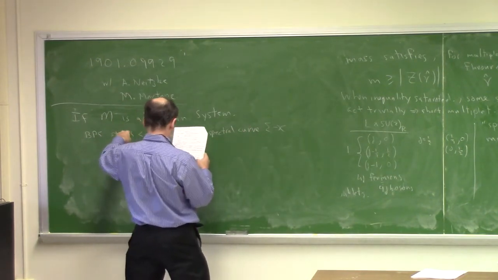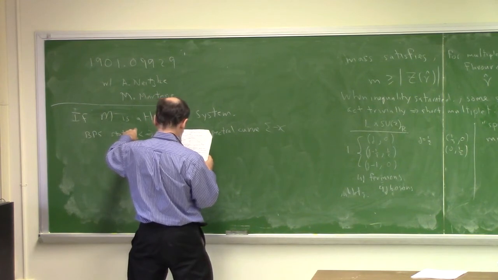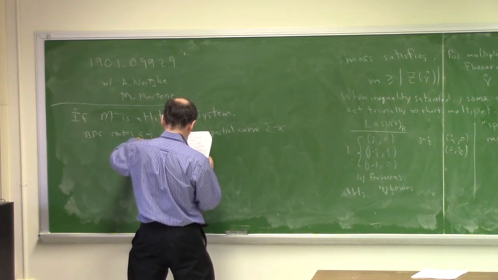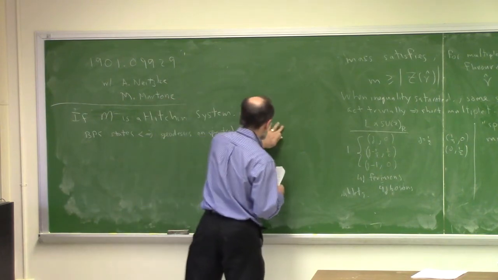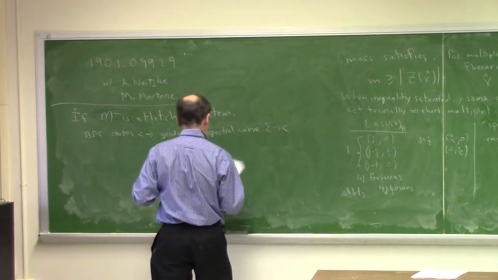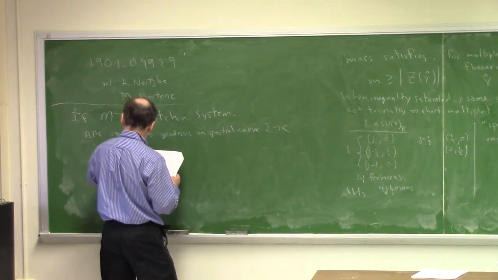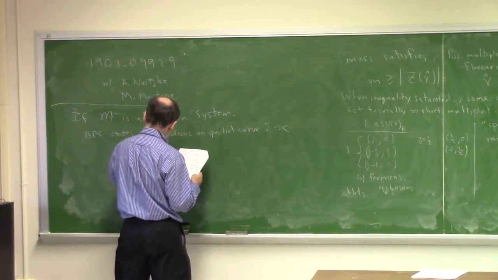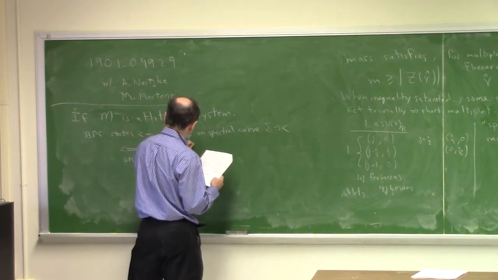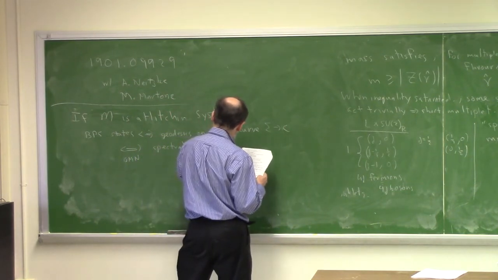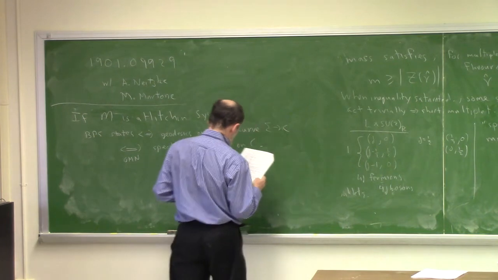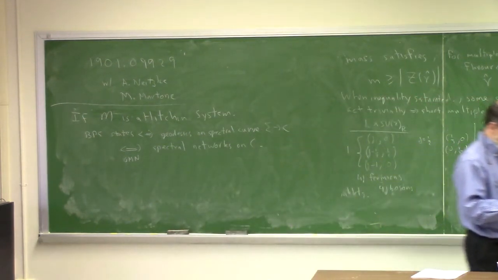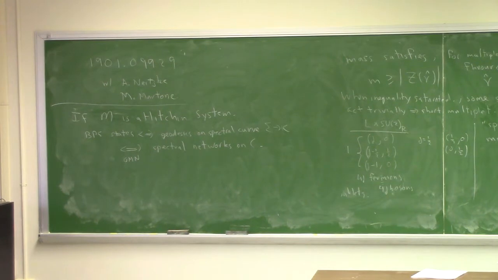So M, maybe I should have introduced, well, I'll introduce it. Yeah, and there are geodesics on the spectral curve C, which, again, according to Gaiotto, Moore and Neitzke, are equivalent to what they called spectral networks on C. And they developed an elaborate computational machine for counting these spectral networks as a function of where you are on the base B.